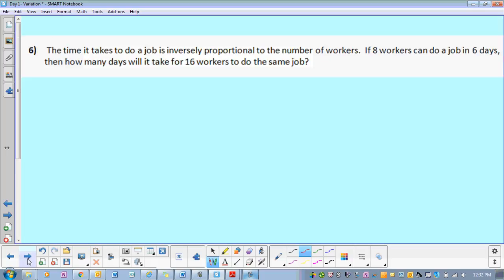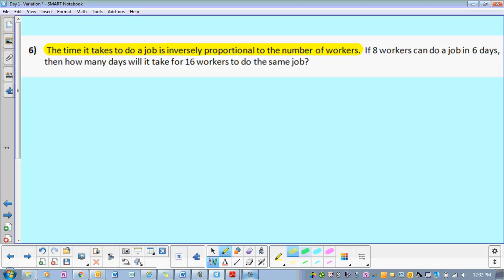Okay, so another way that they'll give you these kinds of problems is they'll use word problems. So this one, and it's fine because you just have to assign variables if they don't provide them for you. So read your first statement. It says the time it takes to do a job is inversely proportional.